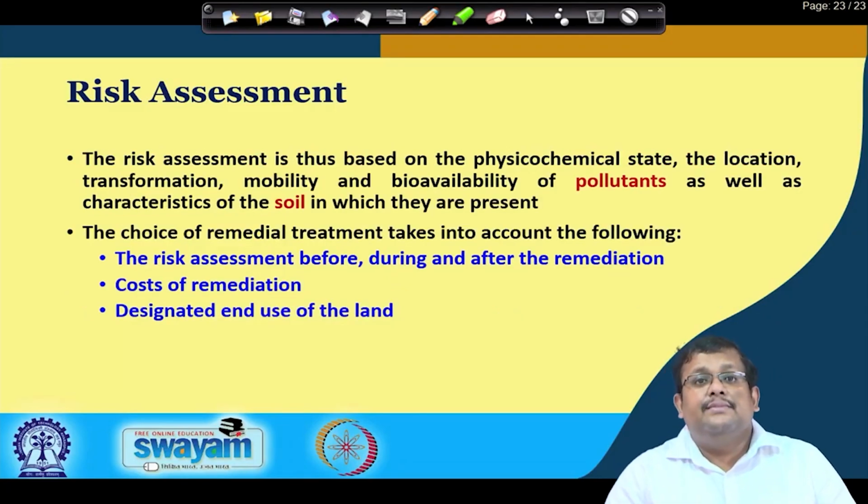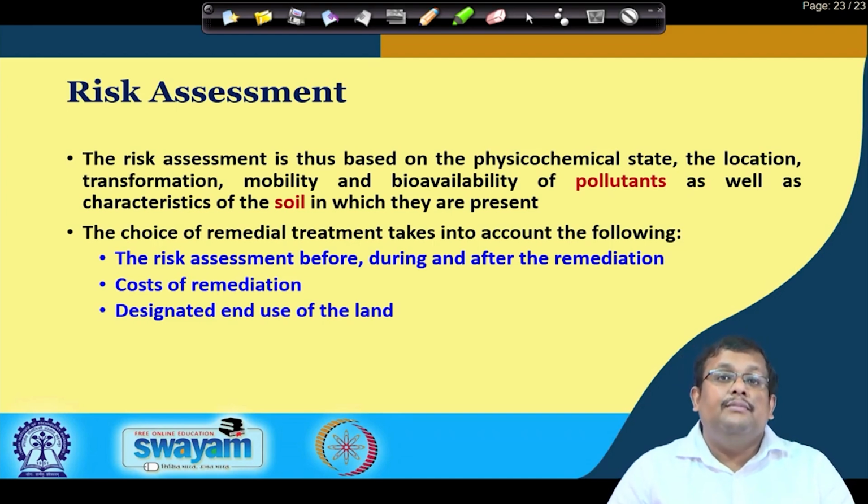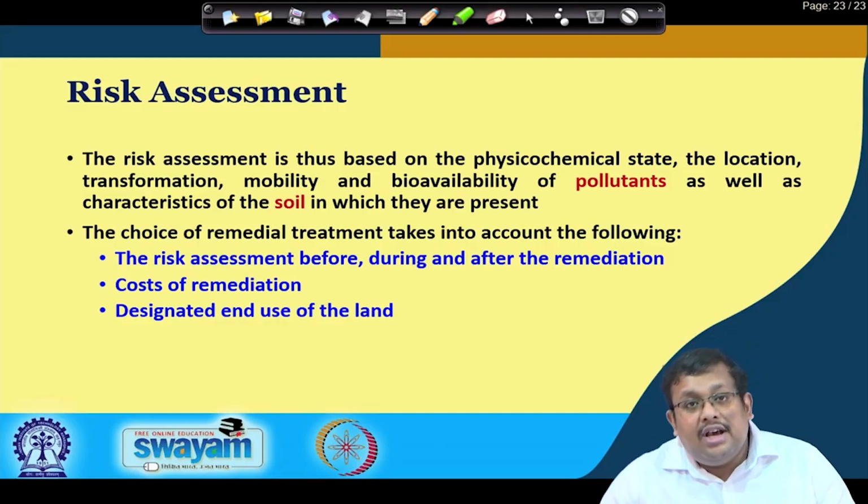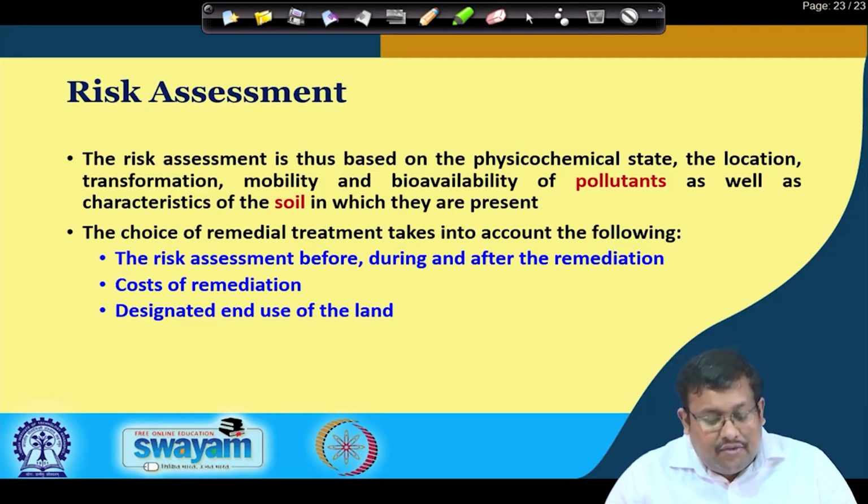So, the risk assessment is thus based on the physicochemical state, the location, transformation, mobility and bioavailability of the pollutants as well as the characteristics of the soil in which they are present. And the choice of remedial treatment takes into account the following. First of all, the risk assessment before, during and after the remediation, cost of remediation and designated end use of the land.